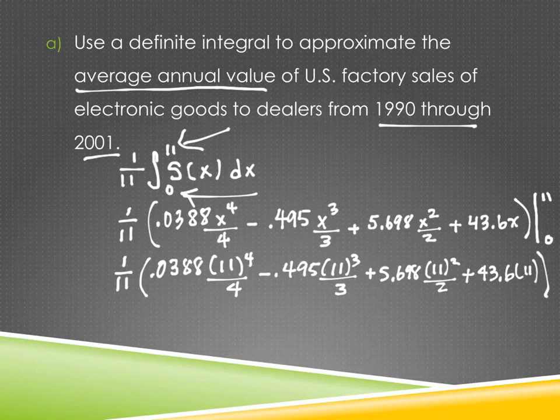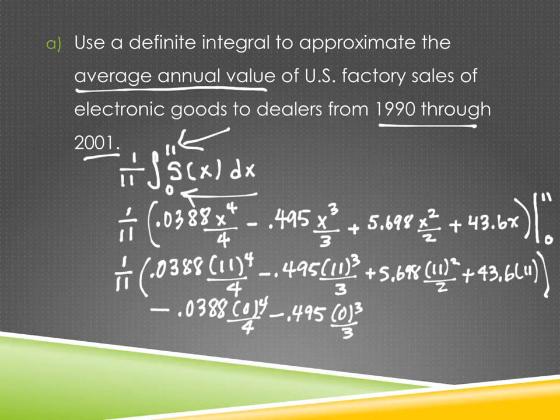Okay, all that's in big parentheses. And then we're going to subtract, I'll show you a notation for this in a second, I probably should have shown you that to start with, the same thing with 0 plugged in everywhere. And all that's going to be in parentheses.